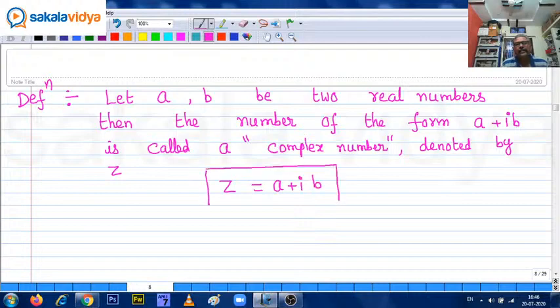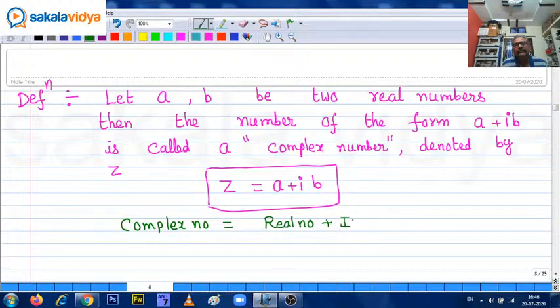You can write it like this: complex number is equal to real number plus imaginary number. That means now hereafter in z is equal to a plus ib, we can name a and b.